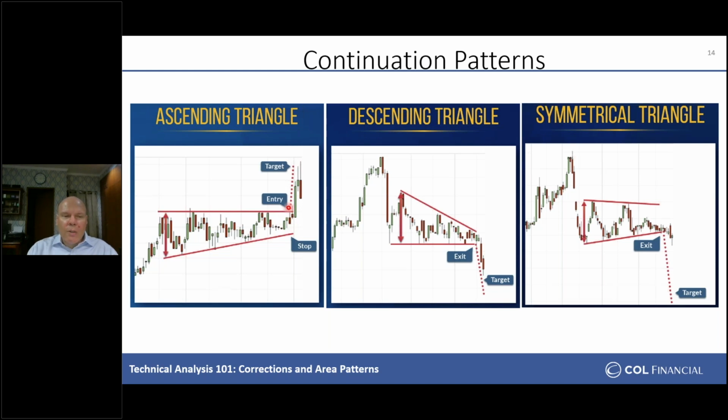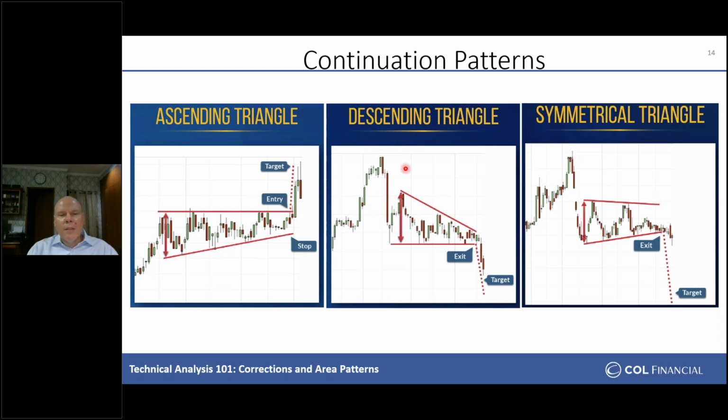If this were to break out of that pattern, that means it were to break resistance, it will go up by a minimum distance of this vertical size that you see here. So the measuring formula would be to go all the way back up here as a target. And your entry point should be as soon as prices attempt to break out.